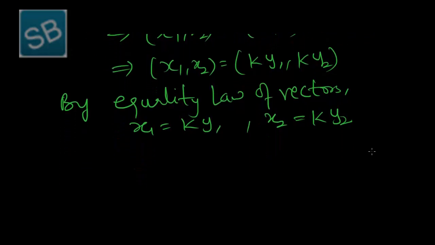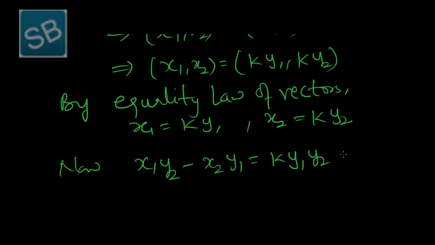Now we have to check x1 y2 minus x2 y1. So we replace x1 by k y1, it becomes k y1 y2, and x2 by k y2, it becomes k y2 y1. So we get 0.